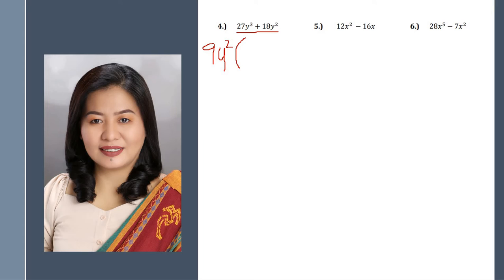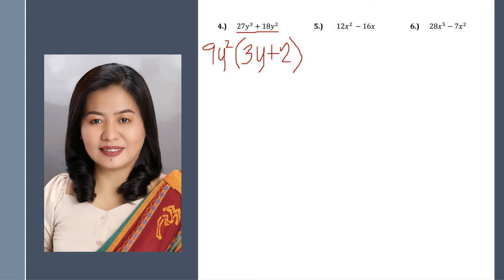So 27 divided by 9 is 3, and y cubed divided by y squared is y, plus 18 divided by 9 is 2, and y squared divided by y squared is simply 1. So our factored form would be 9y squared times the quantity 3y plus 2.